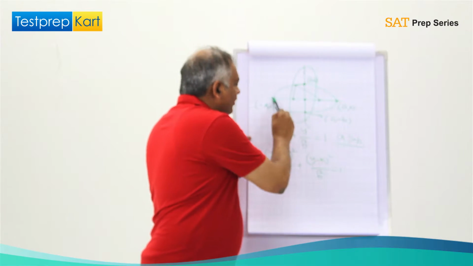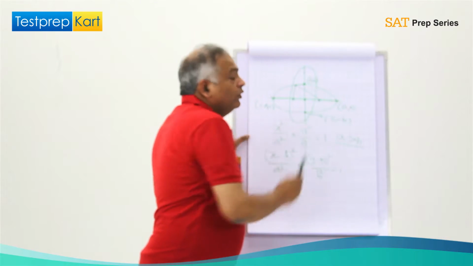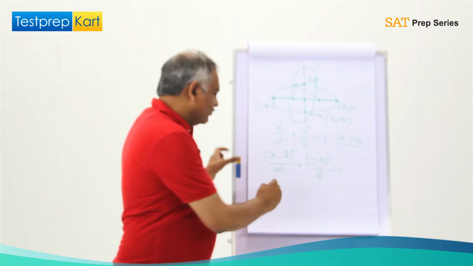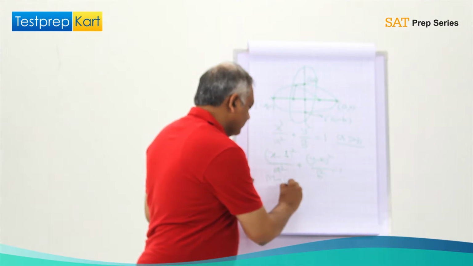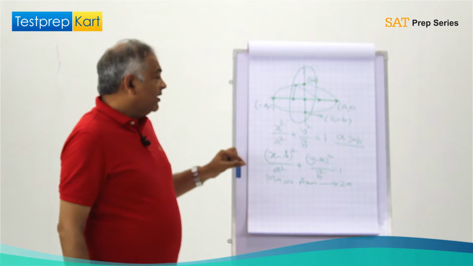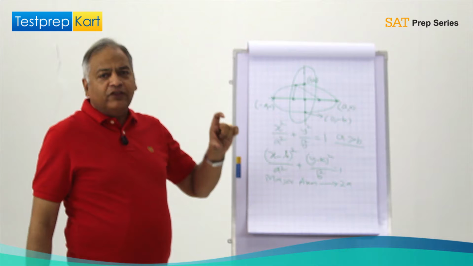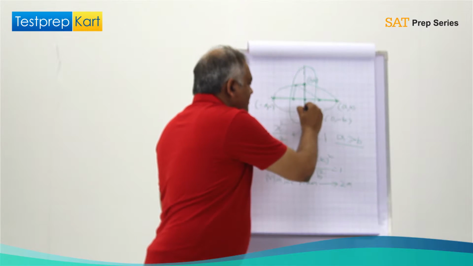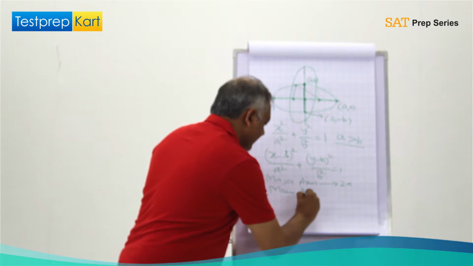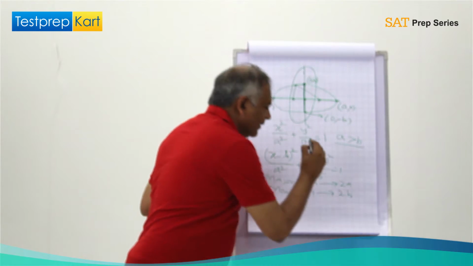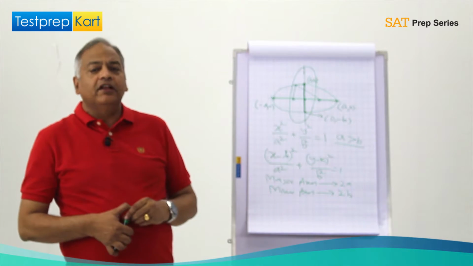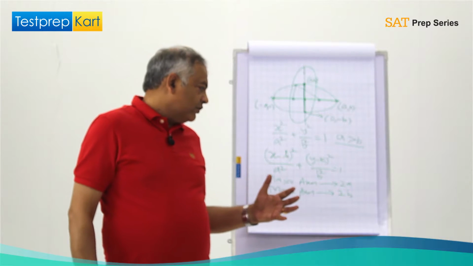This total distance is known as the major axis, and the length of the major axis is 2a. The total length of the minor axis, which is this, is 2b.